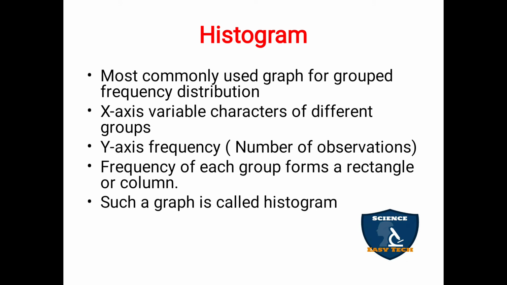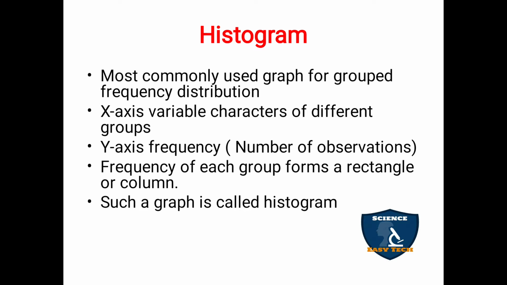Histogram. It is the most commonly used graph for grouped frequency distribution. There are two types of distribution: ungrouped data frequency distribution and frequency distribution for grouped data. This histogram is commonly used for grouped frequency distribution.